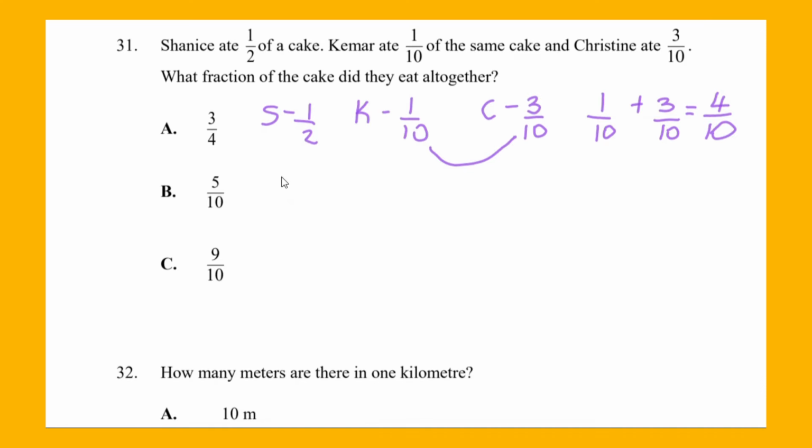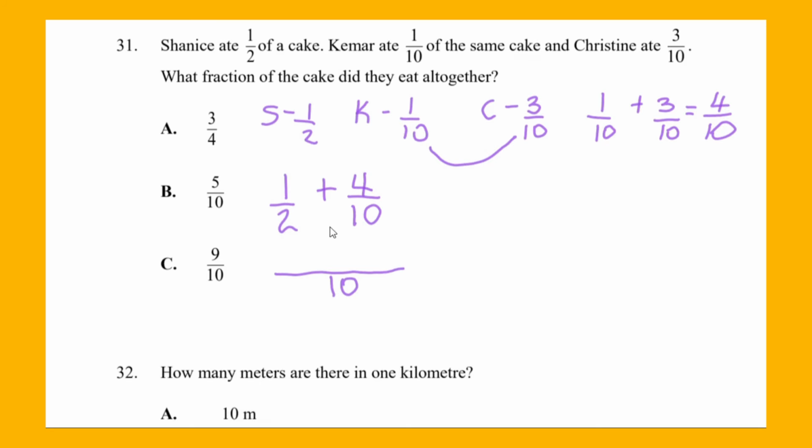Okay, so now we want to add the half to the 4 tenths. Now 2 and 10 are two different denominators, so we need to find a number that 2 can go into that 10 can also go into. So, what is the lowest common multiple of 2 and 10? Yes, in fact, it is 10.